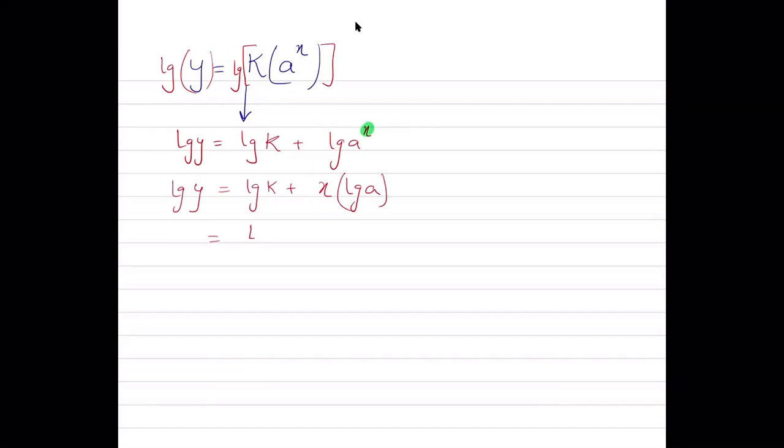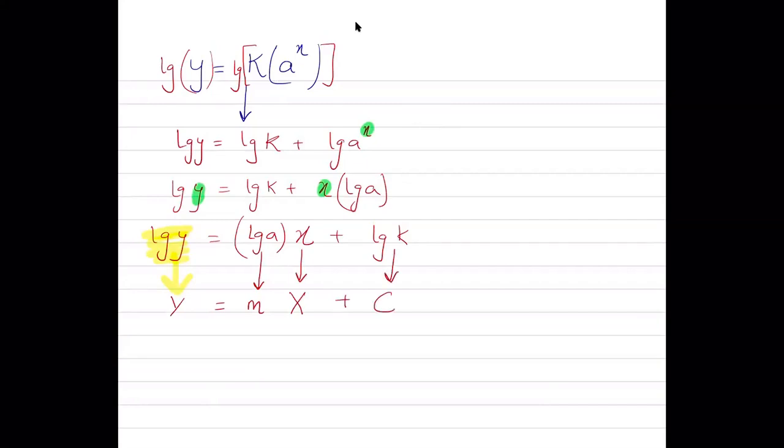Now LGA is a constant value. The variables are x and y. So LGA times x plus LGK is equal to LGY. This can be said as capital Y. LGA will become your gradient, small x can become your capital X, and LGK can become your y-intercept.